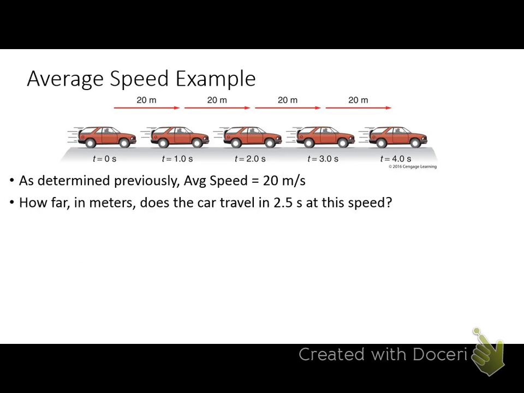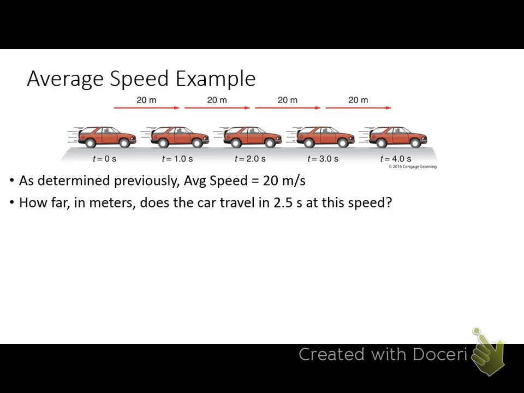So we're going to piggyback on the question that we left off on Friday. We had this car. We were given the amount of time it took, 4 seconds to go 80 meters. We came up with a velocity or a speed.